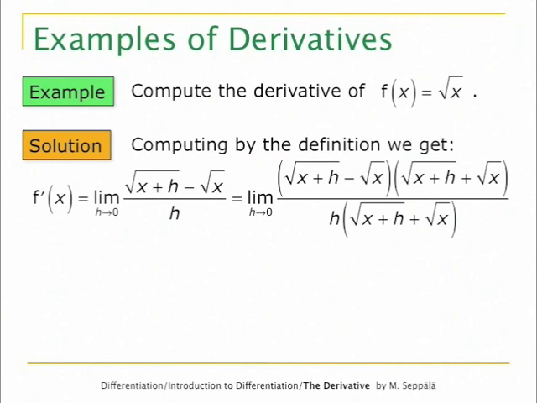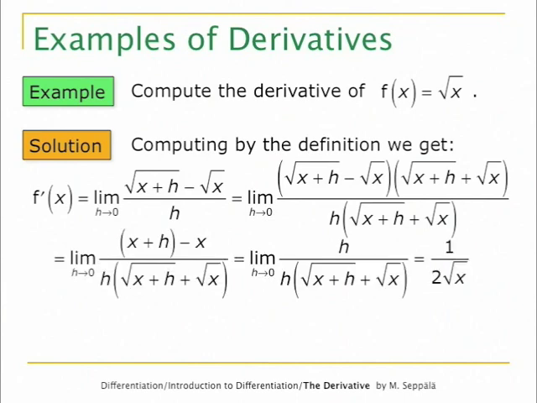To compute this limit, one has to multiply and divide by the conjugate of the square root expression in the numerator. Hence, one multiplies and divides by square root of (x + h) plus square root of x.